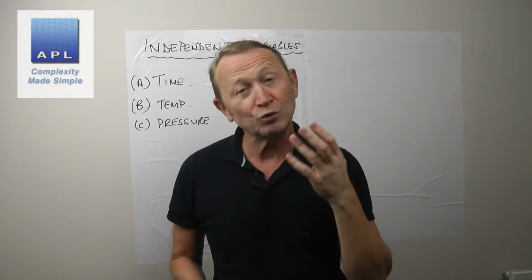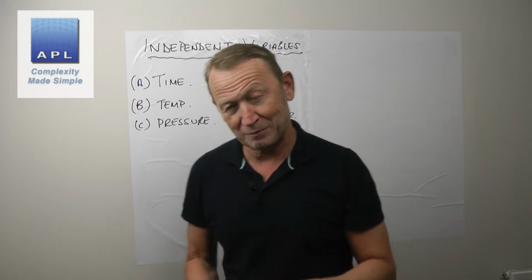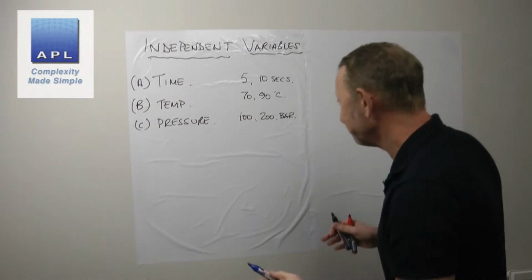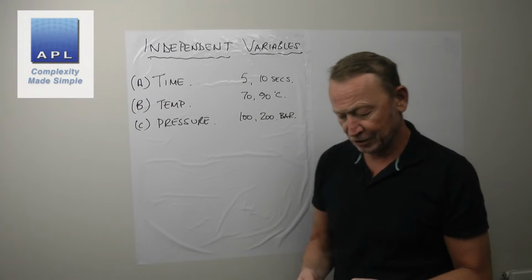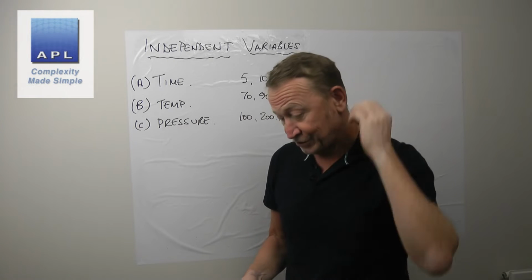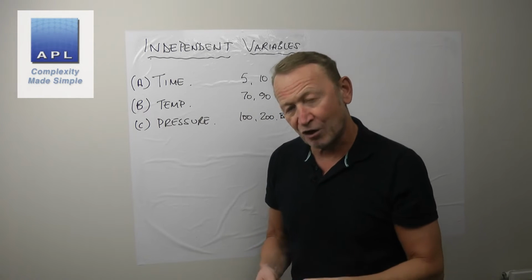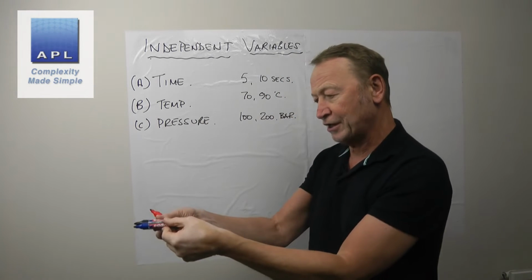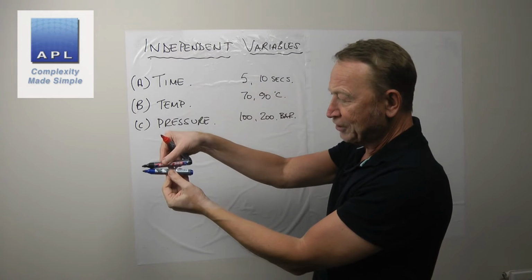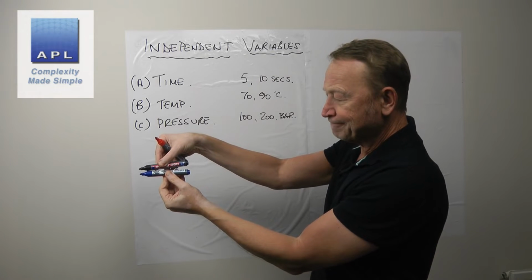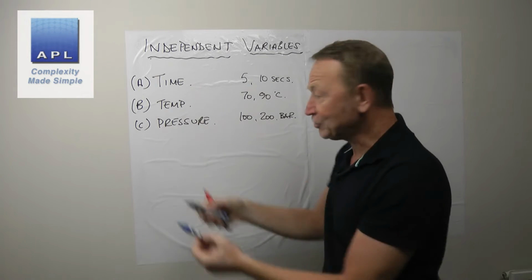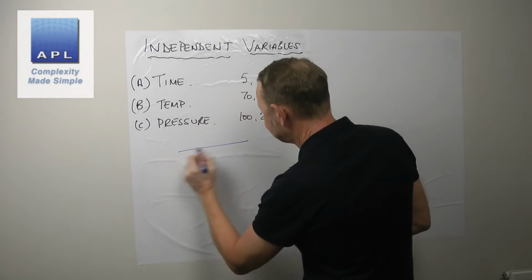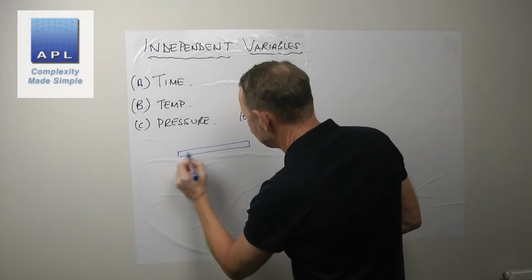Now, where a variable wouldn't be independent, where it's dependent, I'll give you a little example. A client of mine was trying to test a centerless grinder. Now, on a centerless grinder, there are 2 rollers that are set at a slight angle to one another, like this.